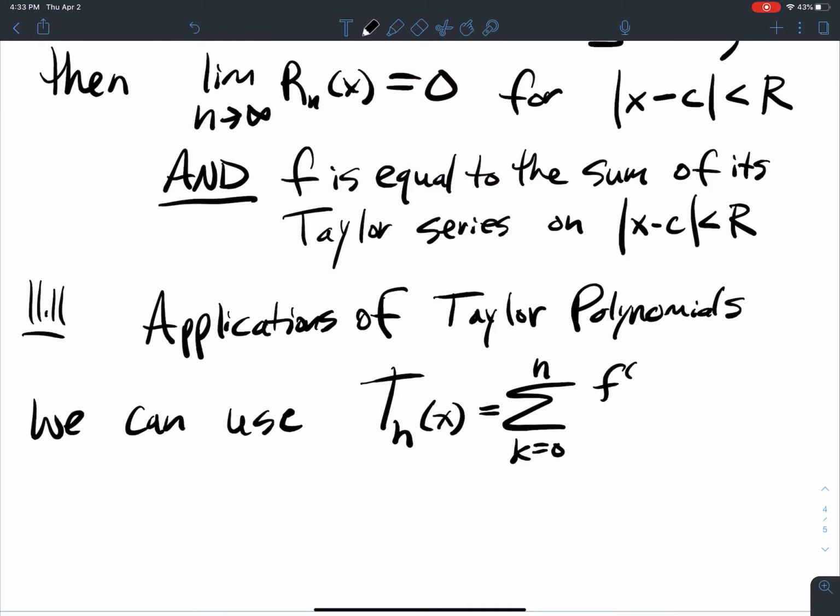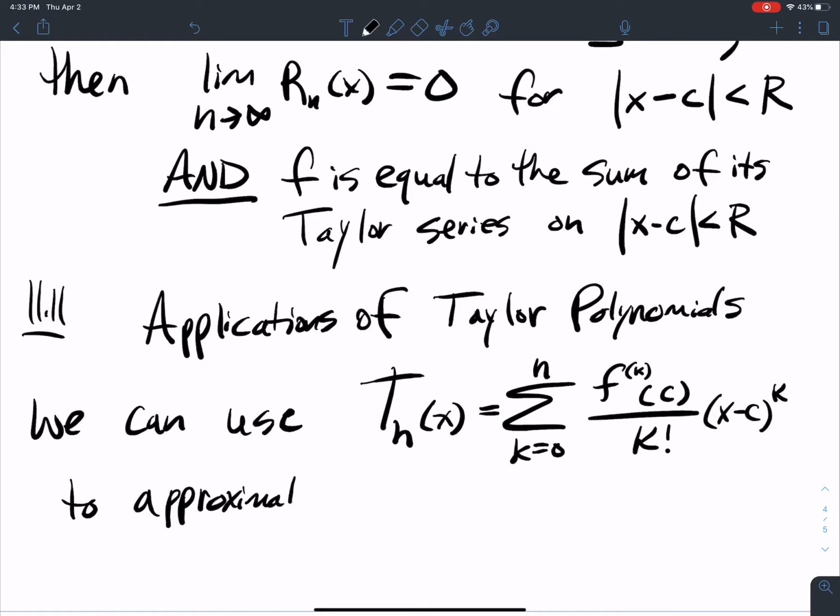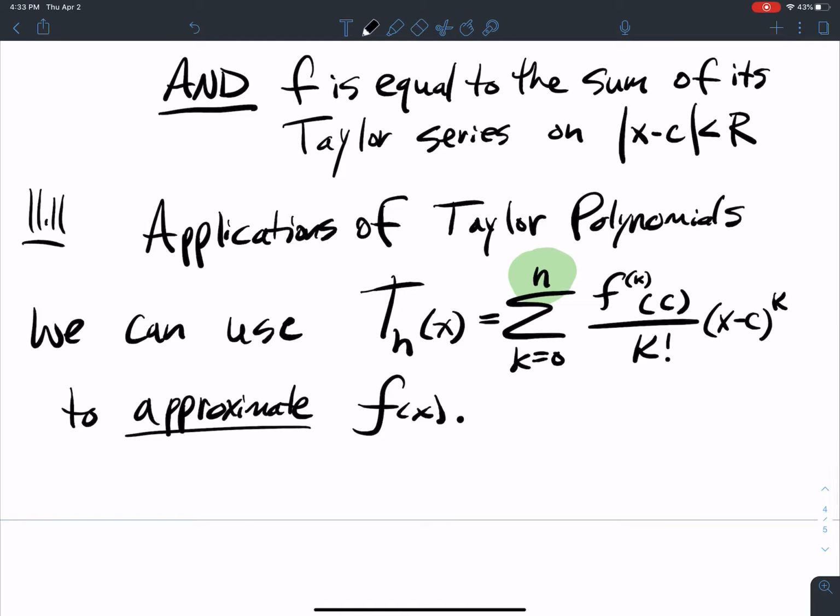So f to the k of c over k factorial times x minus c to the k, to approximate f of x. Now, it doesn't get us our exact answer because we're not going to n equal to infinity, right? But it does allow us to approximate, stopping at the nth degree Taylor polynomial.